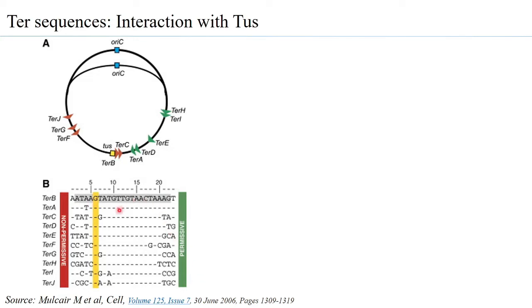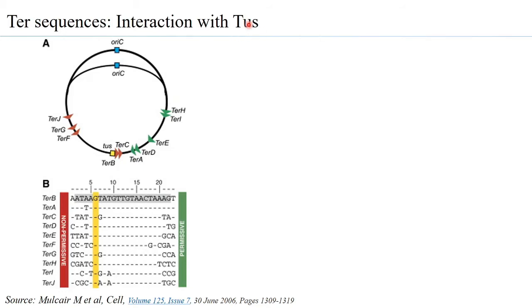Now, another story that is being told by the fact that these TER regions are consensus is that all the TER regions can be bound by a protein called TUS. So if these are the cis-acting elements, all of them can be recognized by the TUS protein, and TUS basically stands for TER utilizing segment.